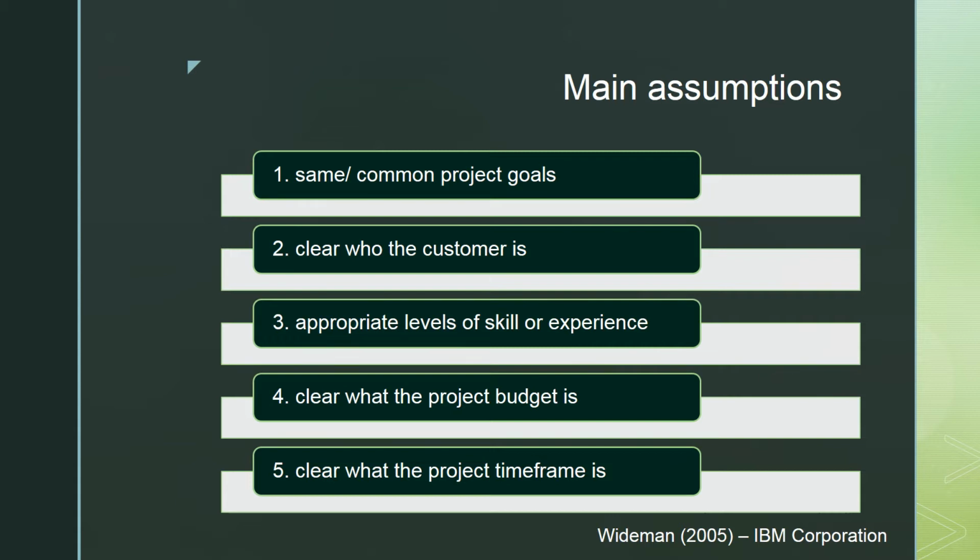Assumption number 3 is that there are appropriate levels of skill or experience among the members of the team or the various teams engaged in a particular project. There's no point in embarking on a project when you know that the people who are doing the project do not have the appropriate skills required to see the project through.